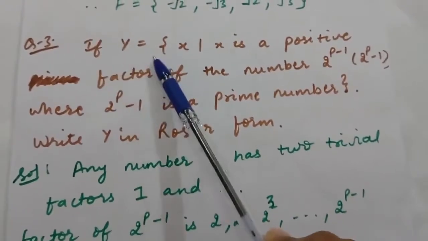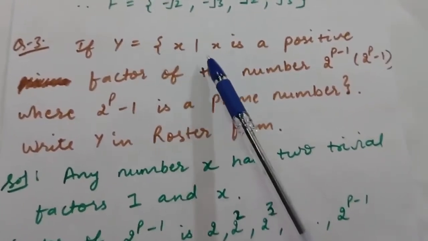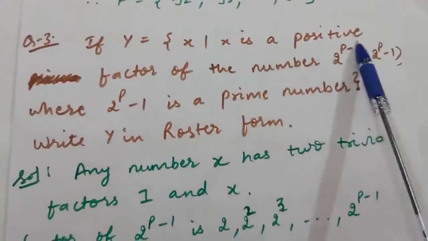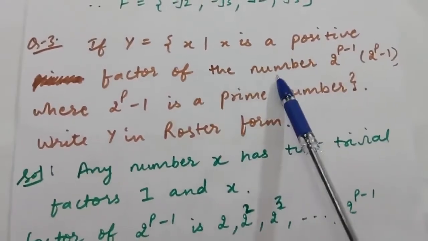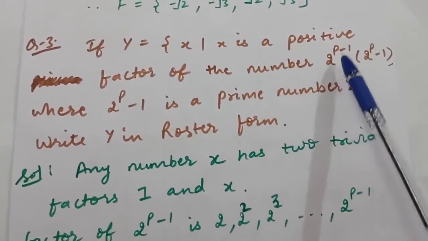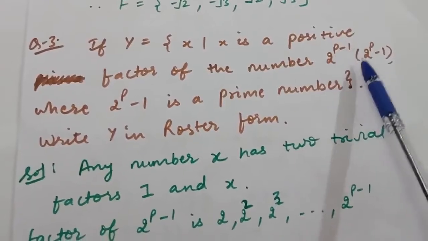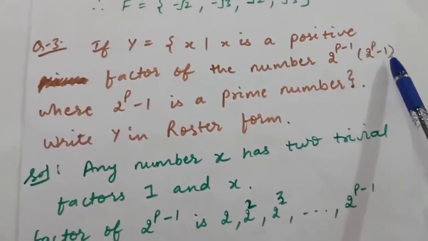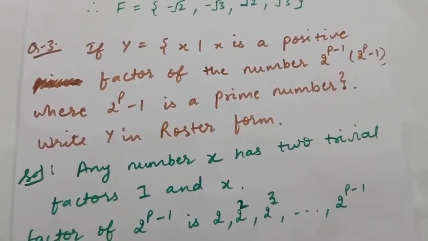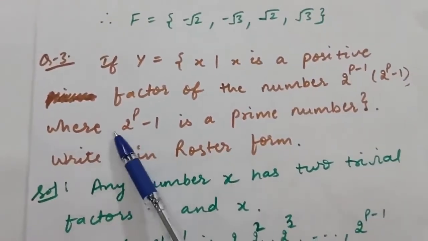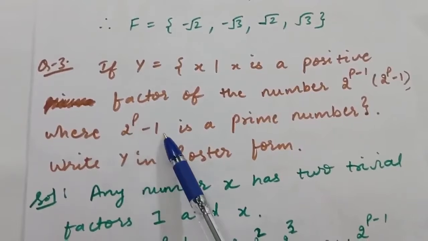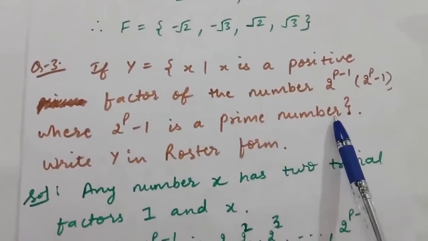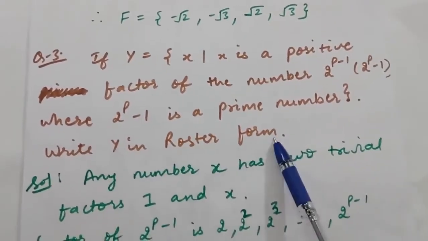Now, question number third. If y is equal to the set of x such that x is a positive factor of the number 2 raised to the power (p minus 1) into (2 raised to the power p minus 1), where 2 raised to the power p minus 1 is a prime number, write y in roster form.